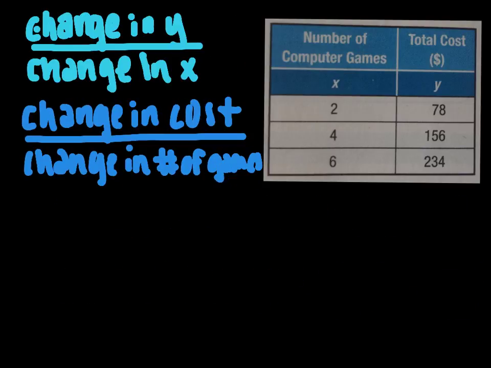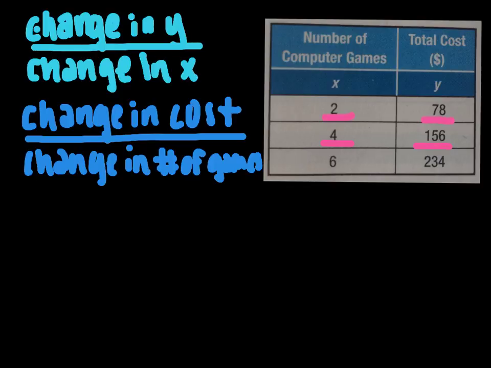Okay, so use the table to find the rate of change and explain its meaning. So the number of computer games, the total cost. So what we need to do is put the change in cost over the change in number of games. If you look right here, the book actually uses these two numbers.